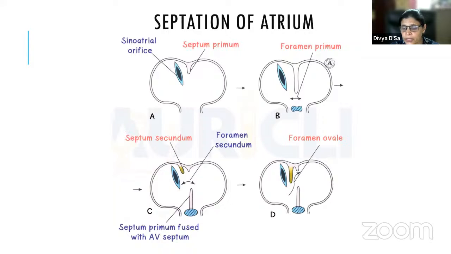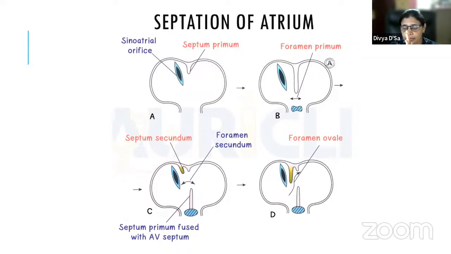The blood goes to the lungs and from the lungs, it comes back to the left atrium. When the blood comes to the left atrium, the left atrial pressure will become more. Because of that, the septum primum will oppose the septum secundum. Both the septums will oppose each other.